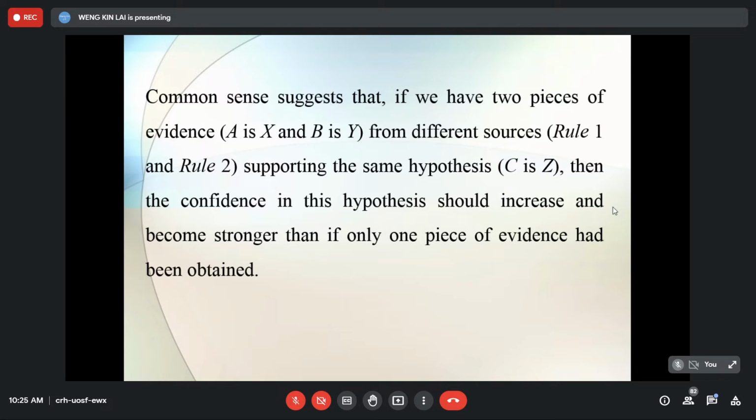Rule number two is from a different sensor, right? I always call it different sensor. So your rule one can fire or not fire regardless of what happens to rule number two. So they are independent, right? From different sources. So you have two different rules from different sources, but they both support the same hypothesis. This is your C is Z.